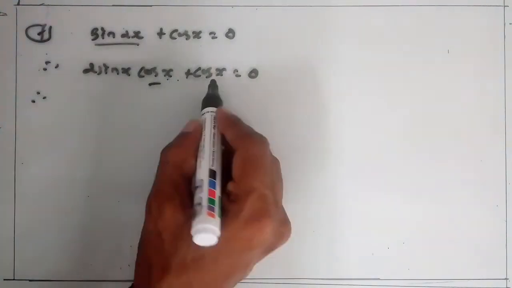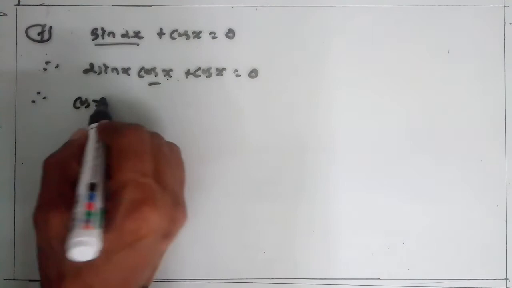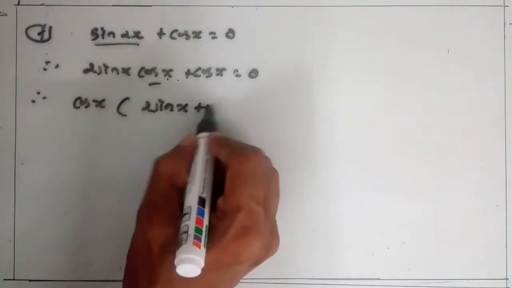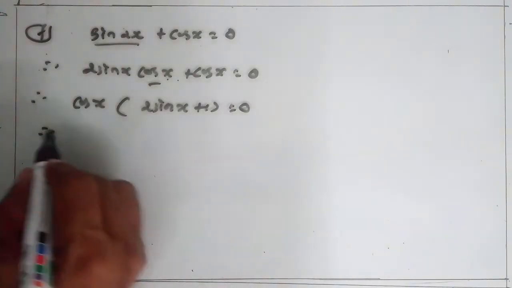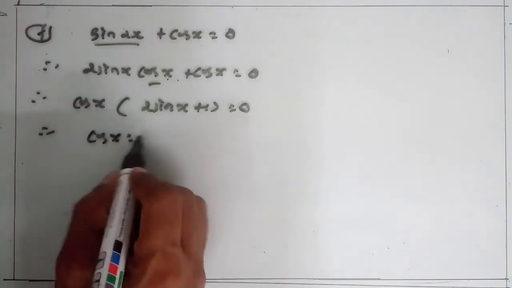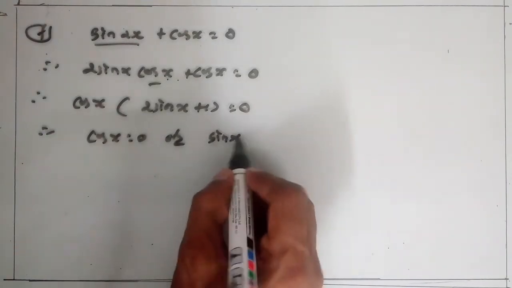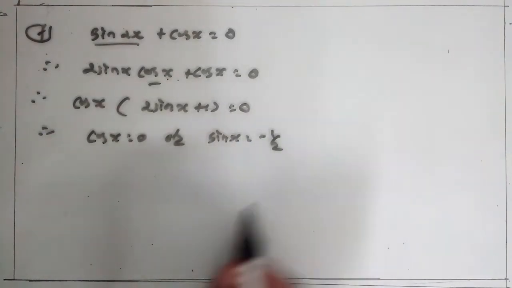Therefore cos x take common, so cos x into bracket 2 sin x plus 1 is equal to 0. Therefore cos x is equal to 0, or sin x is equal to minus 1 by 2.